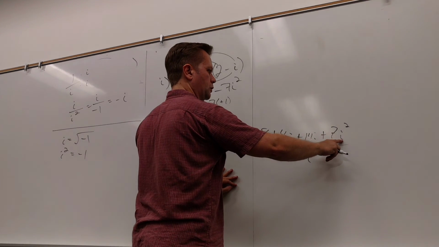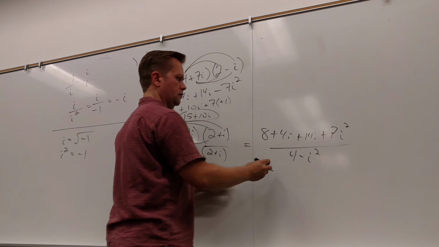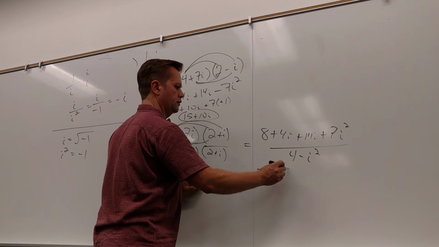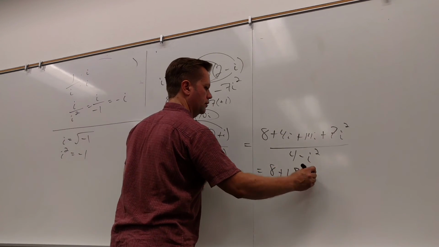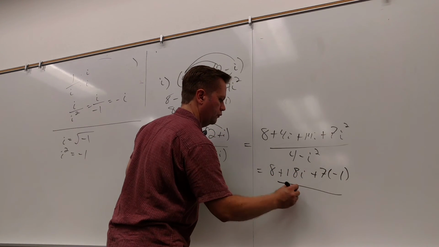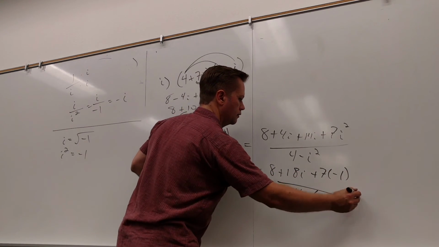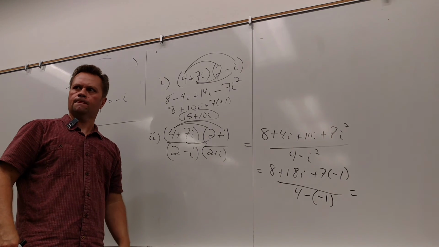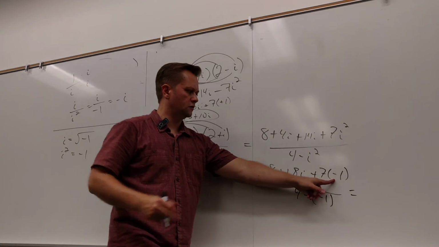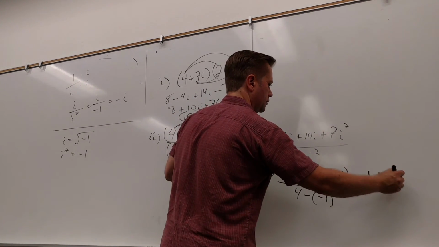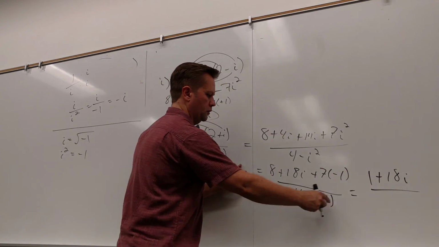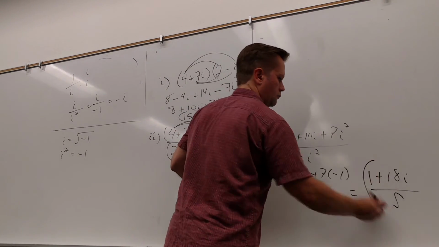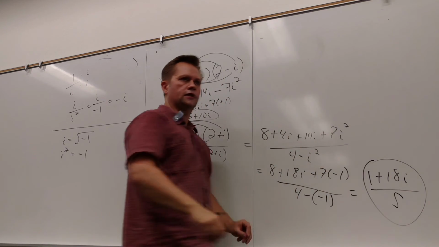So whenever I see an i squared, I can replace it with negative 1. This will be 8 plus 18i plus 7 times negative 1 over 4 minus negative 1. So 8 minus 7, 1, plus 18i over 4 plus 1, 5, which you can write as 1/5 plus 18/5 i if you want to.